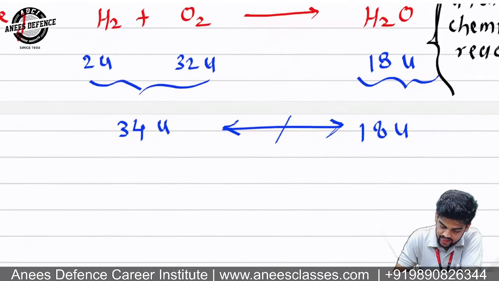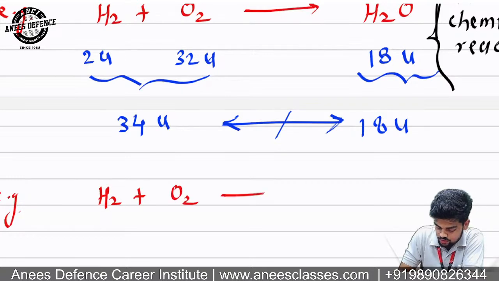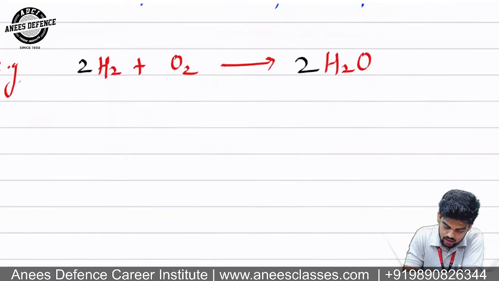So if we balance this same reaction, that is H2 plus O2 gives us H2O, and if you balance it by simply putting 2 and 2, now this looks like a balanced chemical equation. Now just find the mass of reactant and mass of product.